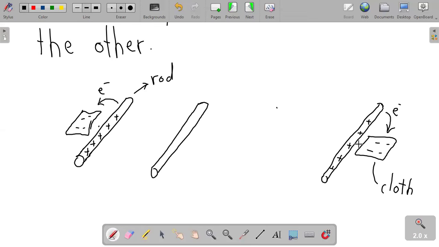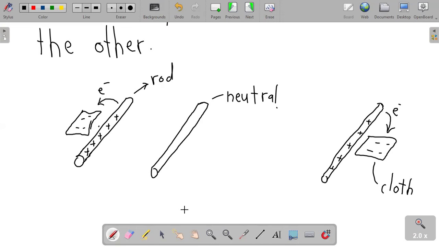Now, the rod here is positive, and that one is relatively neutral.